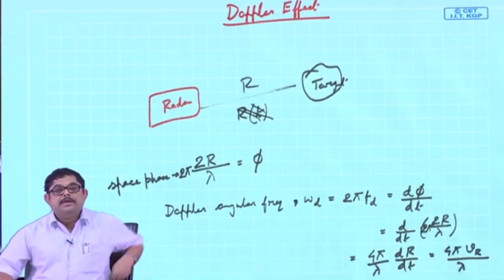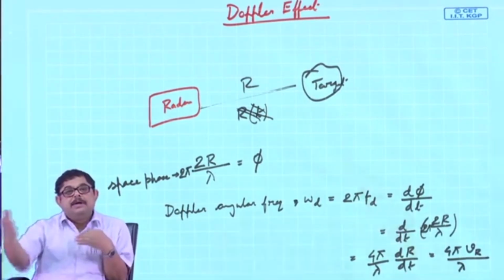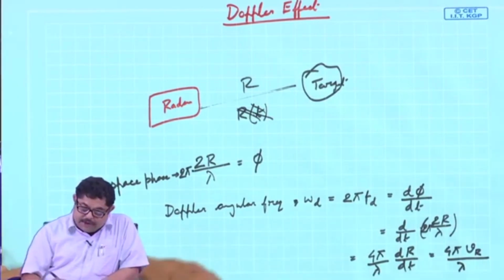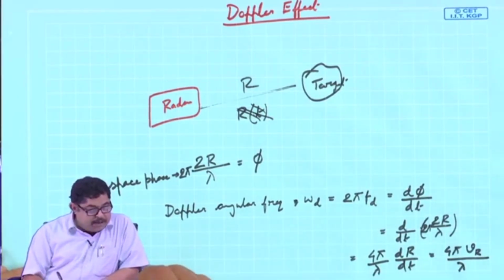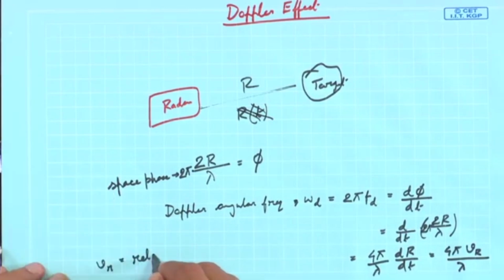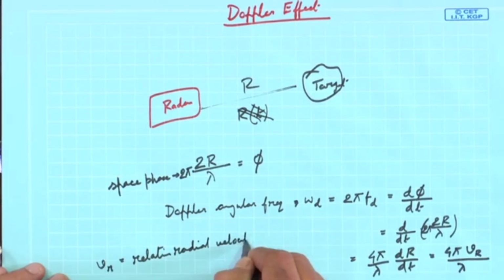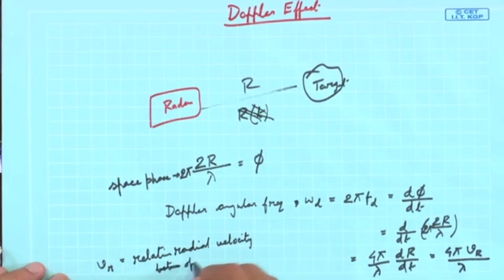where V r, what is V r? V r is the relative radial velocity of the target with respect to the radar.